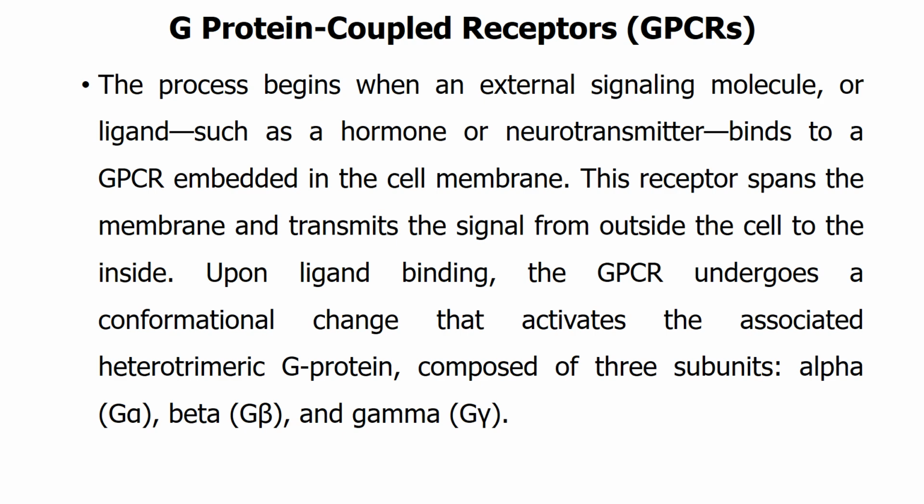Upon ligand binding, the GPCR undergoes a conformational change that activates the associated heterotrimeric G protein composed of 3 subunits: alpha, beta, and gamma subunits.